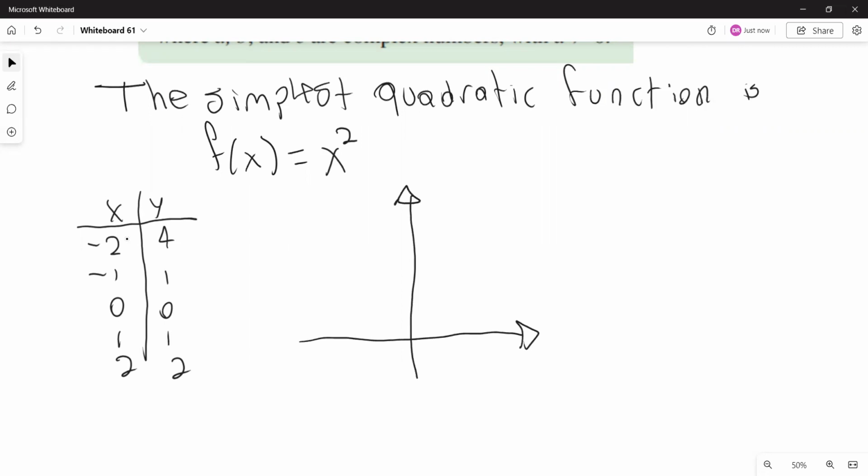The graph is called a parabola. Okay, so that's a graph you already know.